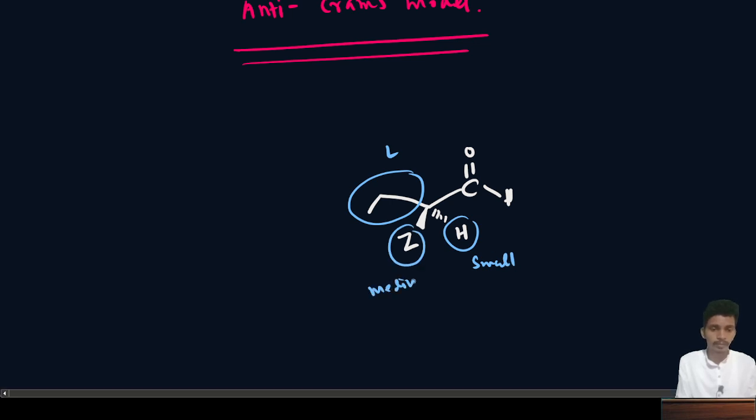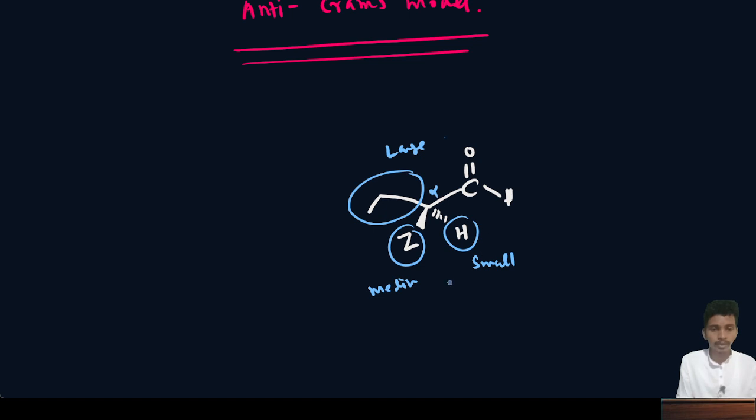Our work is to first divide it into large and medium. Now this is at the alpha position, so we have these three groups.